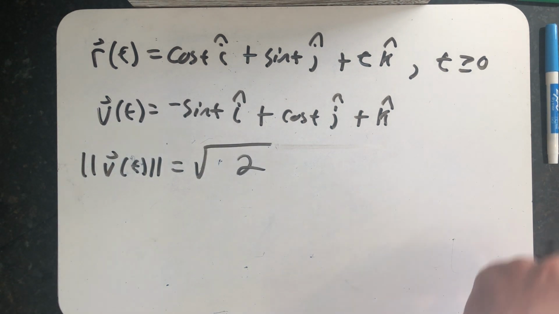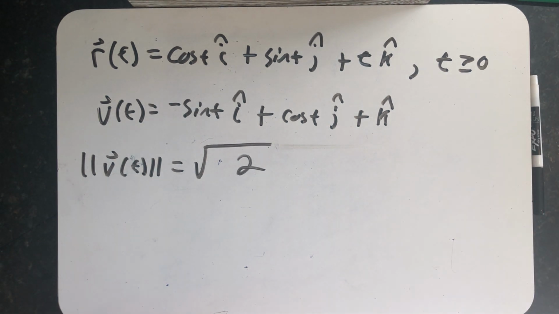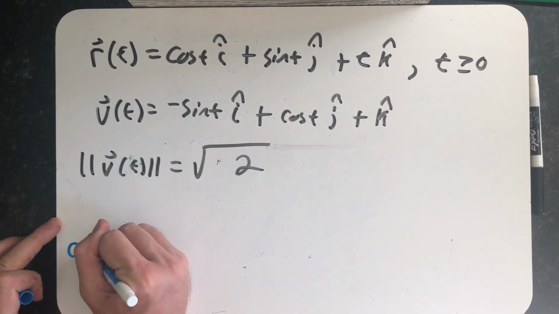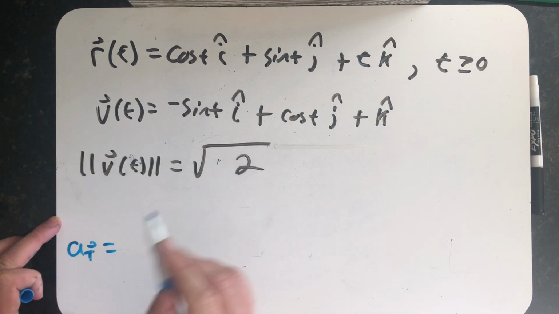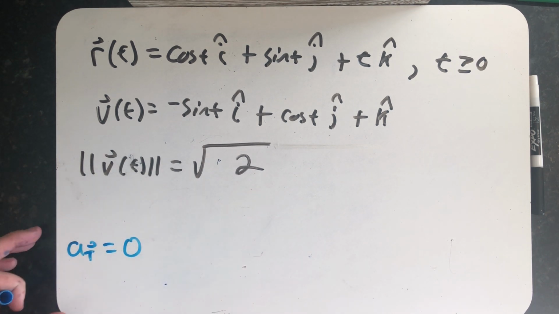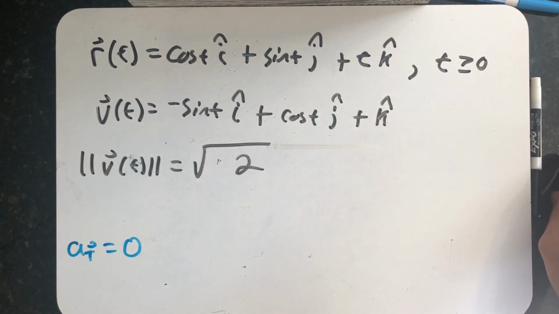And this makes it a really easy calculation for the tangential component of acceleration. The derivative of that constant is 0. For a particle moving along that helix, it is experiencing no acceleration in the tangential direction. Now, we need to see if we can calculate the acceleration in the normal direction.